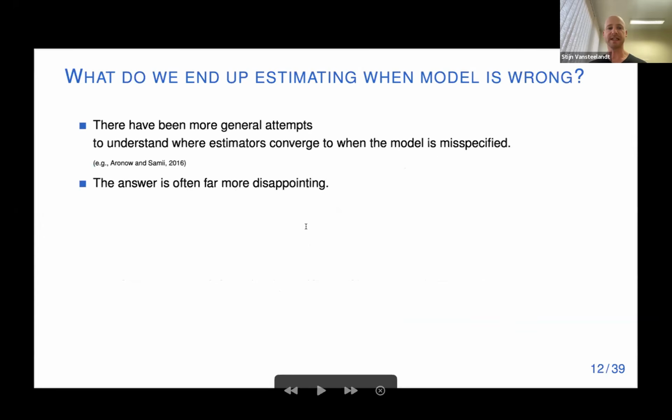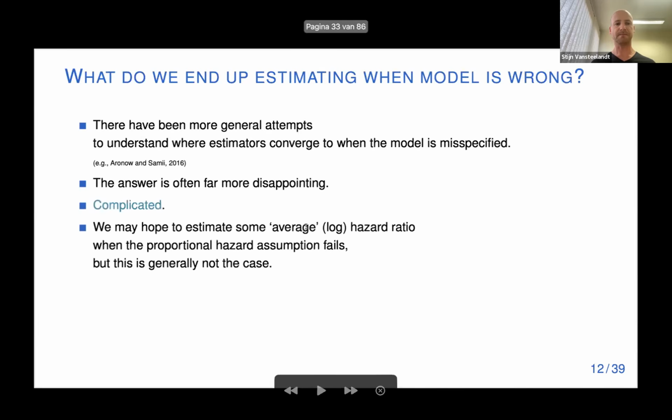Now, there have been more general attempts in nonlinear models, say, to understand where estimators converge to when the model is misspecified. Very much the same kind of steps I just went through, but the answer is often disappointing, and in fact even far more disappointing than what we just saw for ordinary least squares. The answer is often complicated.